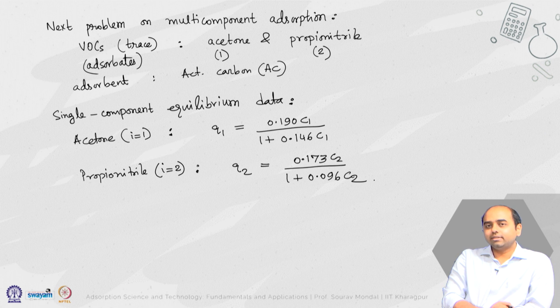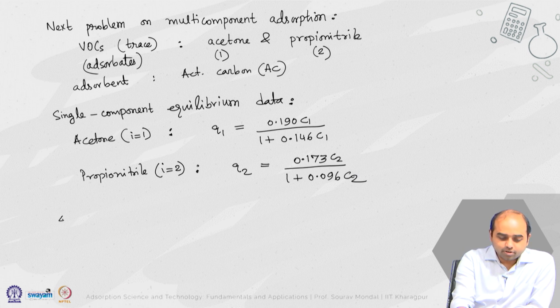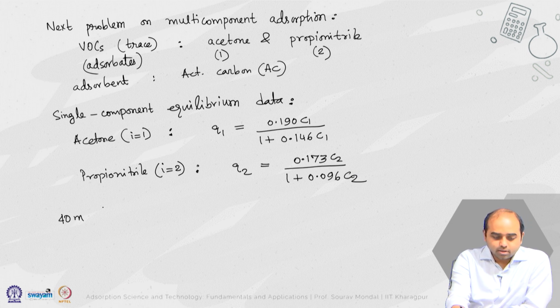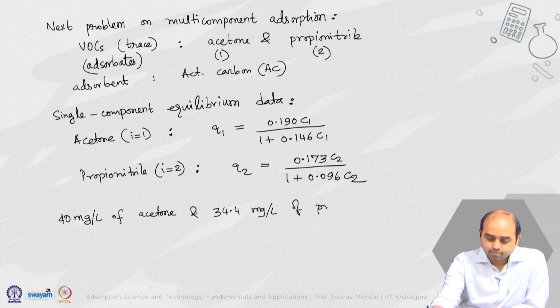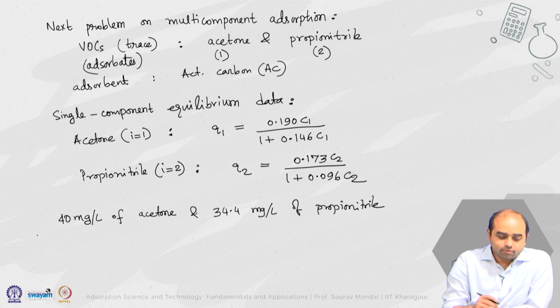And now it is asked that when you have a mixture of solution containing, let us say, 40 milligram per liter of acetone and 34.4 milligram per liter of propionitrile, then what would be their equilibrium values?